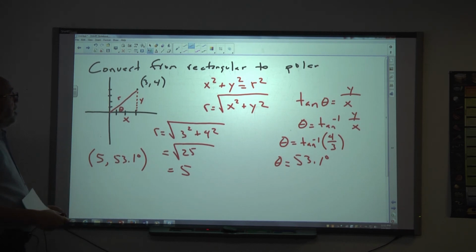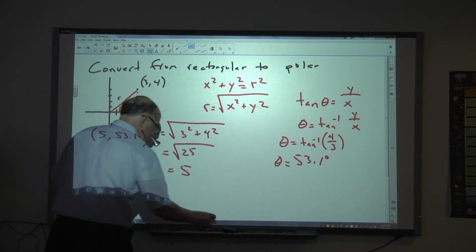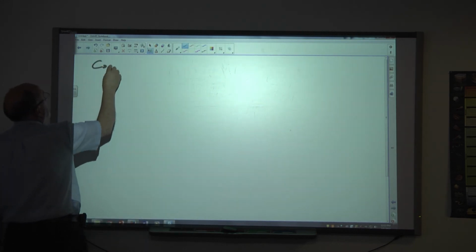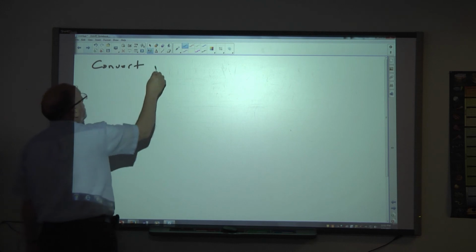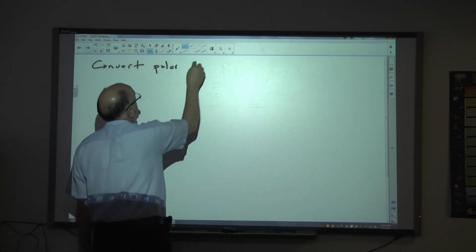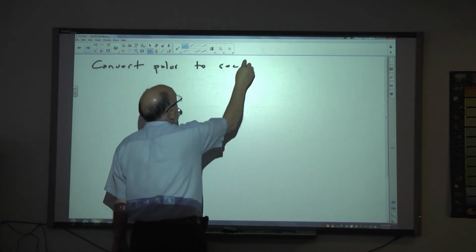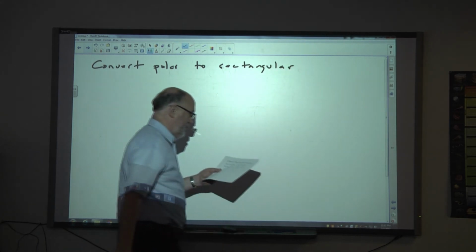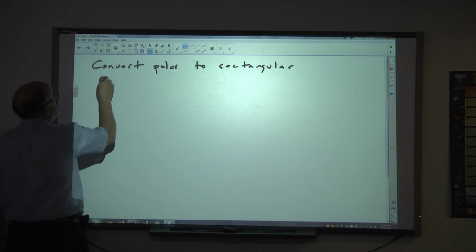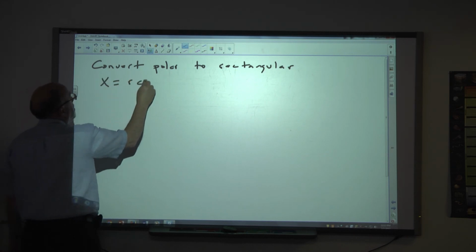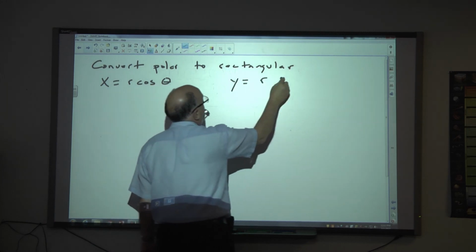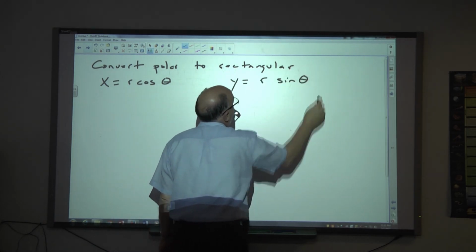And then if I want to go the other way, from polar to rectangular, we make use of these two formulas. x is given by r cosine theta, y is given by r sine theta.